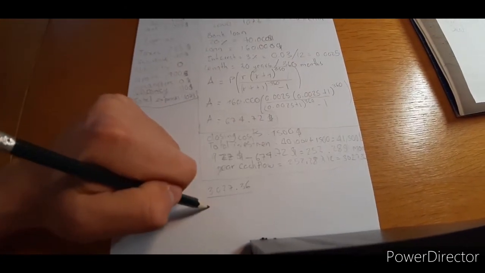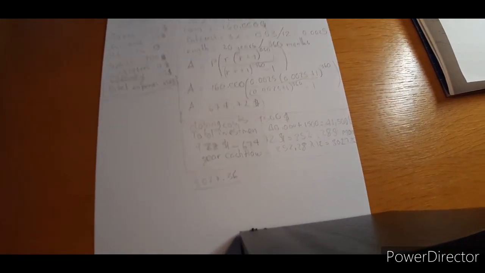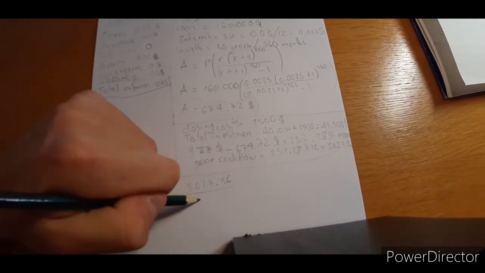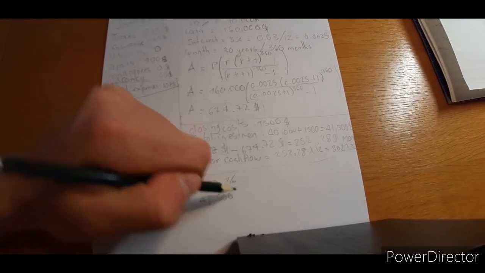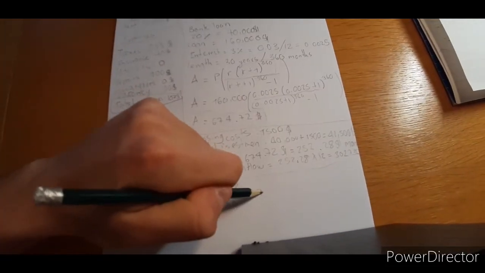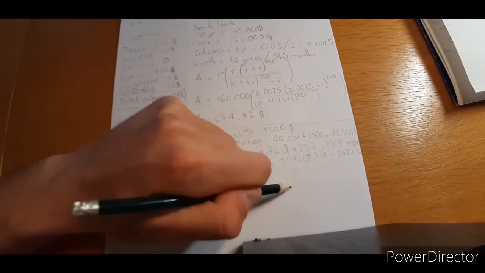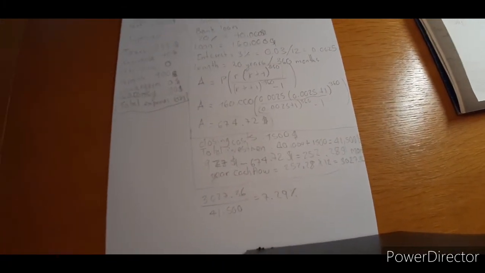So you put the 3,027.36 divided by the 41,500, and this will give you a 7.29% cash on cash return, which is really, really good.